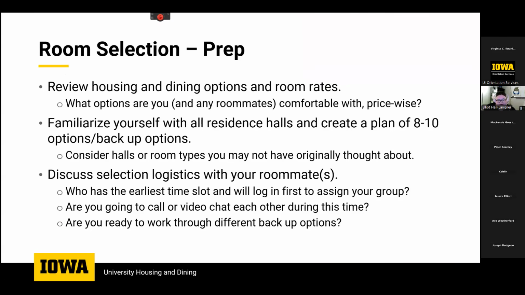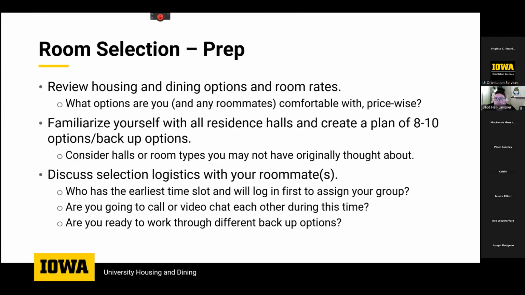To prepare, we have several tips that we hope you will take from tonight's webinar and bring to discussion with your roommates if you don't have a room yet. So if you weren't pre-assigned, make sure that you're reviewing the housing and dining options and roommate information. What options are you and any of the roommates that you might have in your group comfortable with price wise?